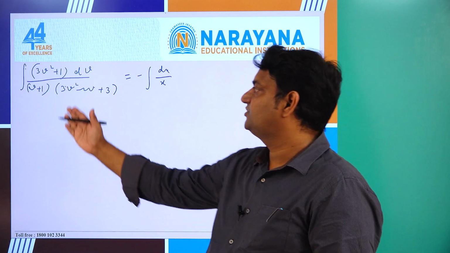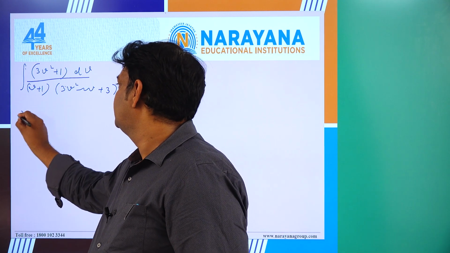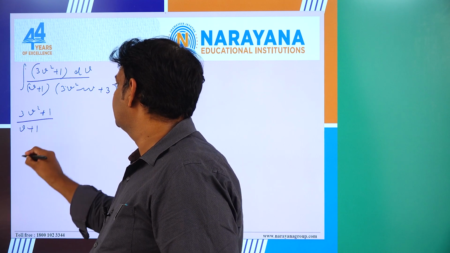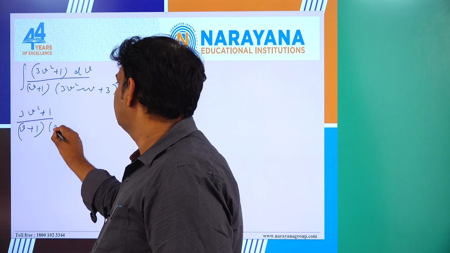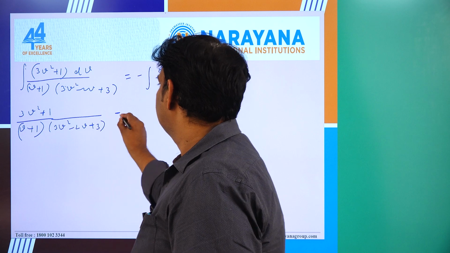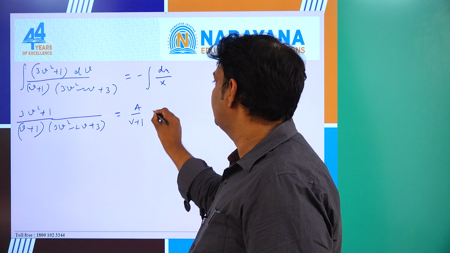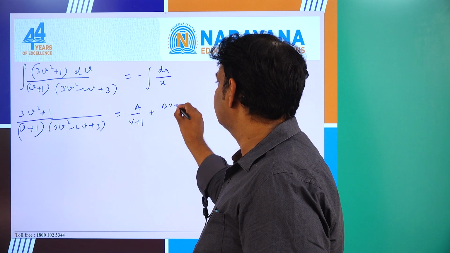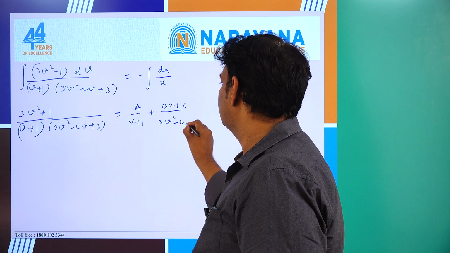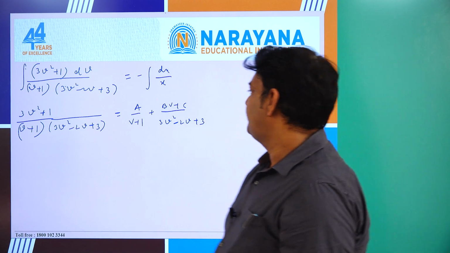Now obviously, for such problems what will we do? Partial fractions. Let us go for partial fractions. 3v square plus 1 by v plus 1 into 3v square minus 2v plus 3 is equal to a by v plus 1 plus bv plus c by 3v square minus 2v plus 3. So compare the coefficients.